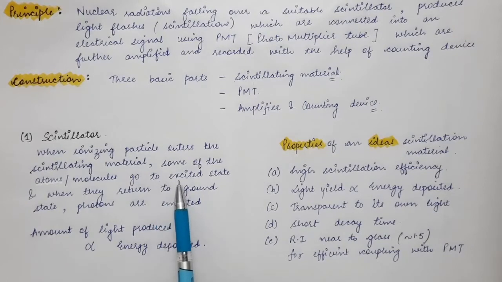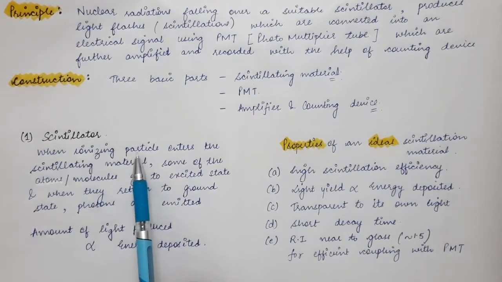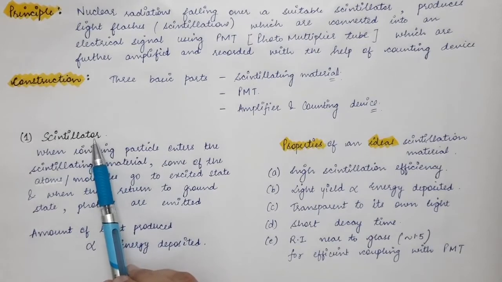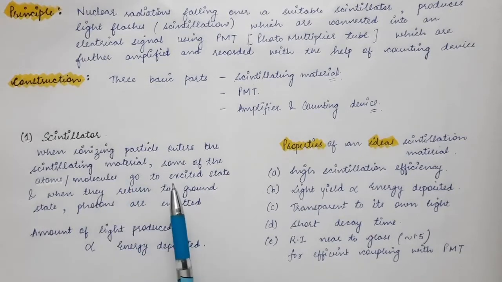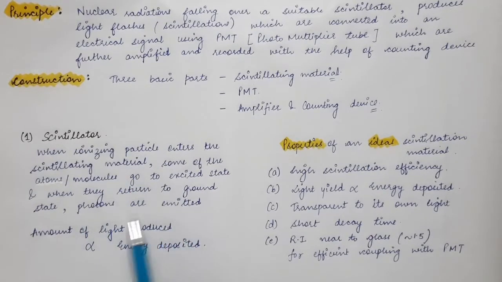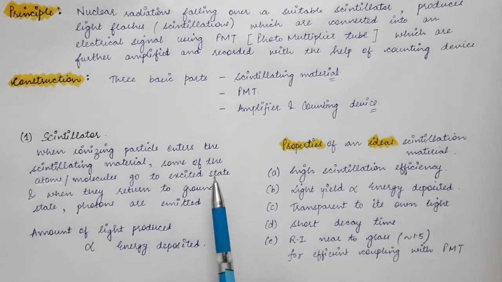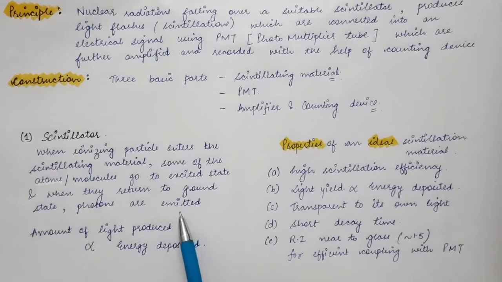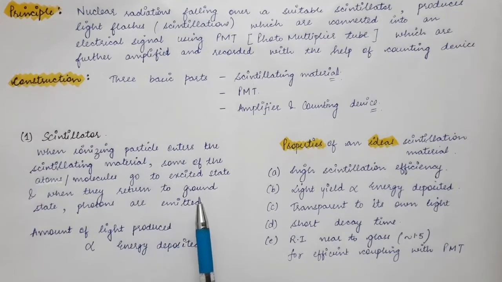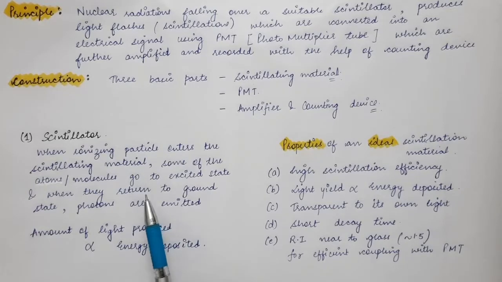By absorption of energy from the incoming particle, they go to the excited state, and when they return to the ground state, photons are emitted in that process. So visible photons are emitted, meaning scintillations are produced.